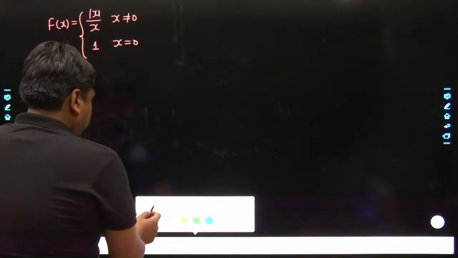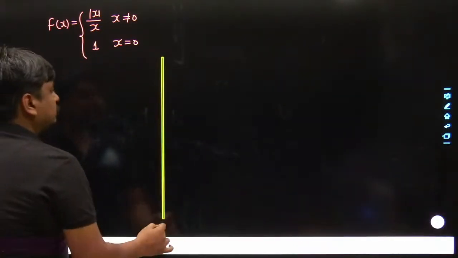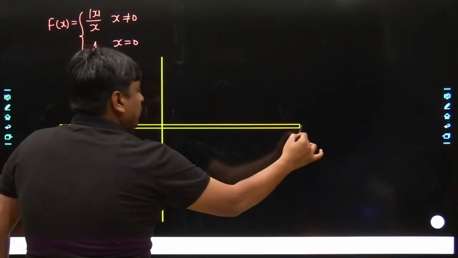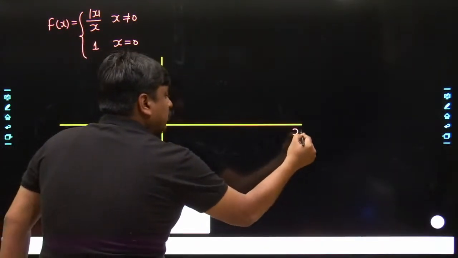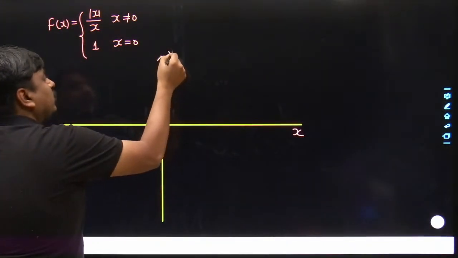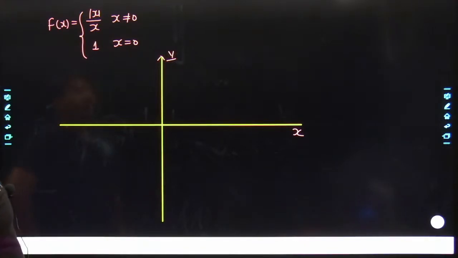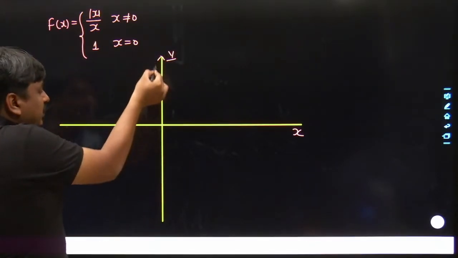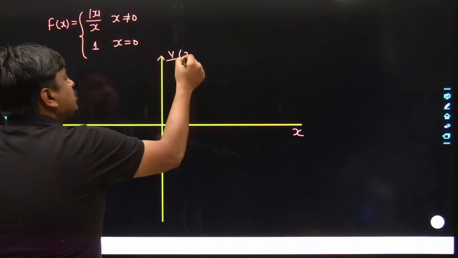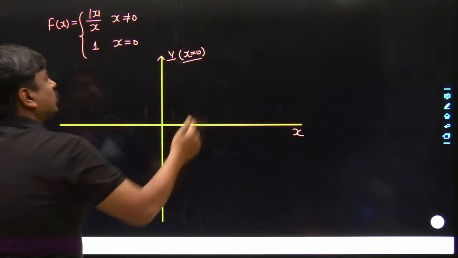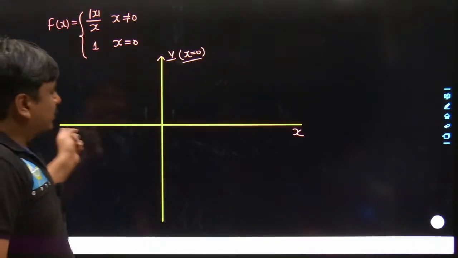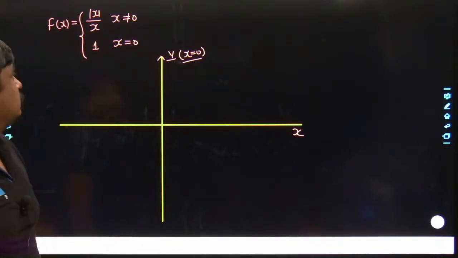Let me try it out. Let me take the xy plane over here. Here goes the horizontal axis, here goes the vertical axis. This is the x equals 0 axis. At the y axis the value of x is 0, and similarly over the x axis the value of y is 0.